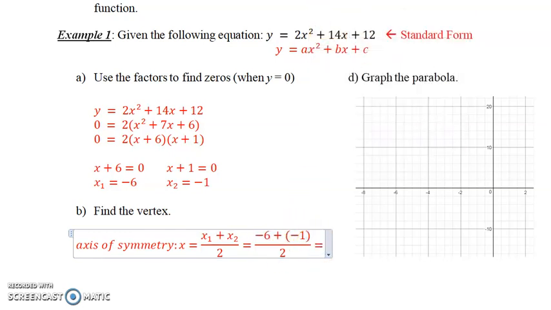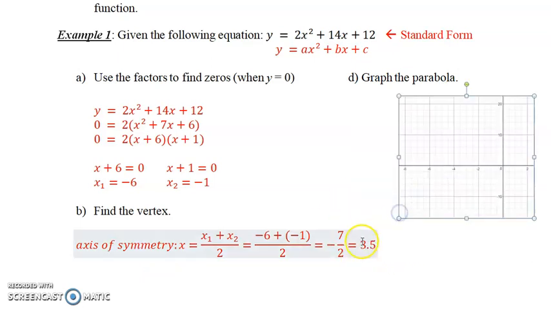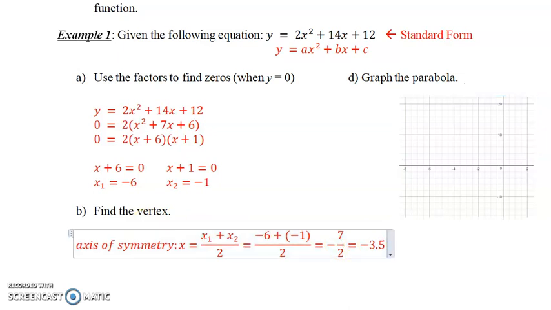Which is equal to negative 7 divided by 2, which equals negative 3.5. Sorry, negative 3.5, my bad. And to get the y value, just plug it back into the original.